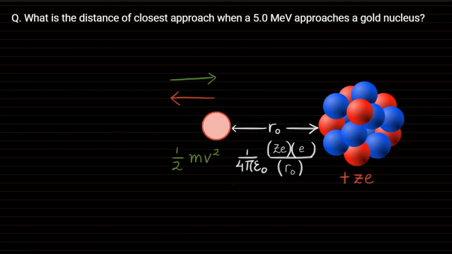At this point there is an interaction taking place between the nucleus and this incident particle, and an electrostatic potential comes into the picture. So at this distance r0, your total kinetic energy becomes equal to the total potential energy. Fine. Now as soon as this becomes equal, what happens? After approaching the closest distance, the potential term will start to dominate, which will cause this incident particle to move in the opposite direction. Fine.